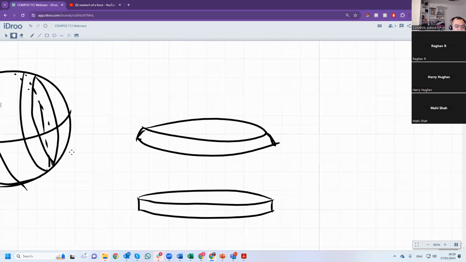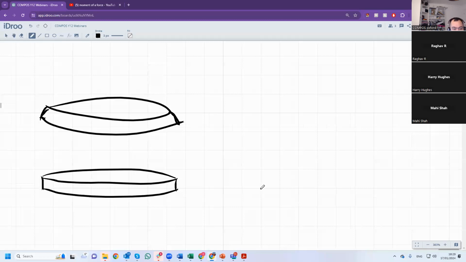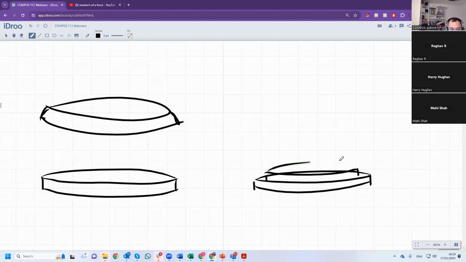And you can think of the sphere as being made of many cylinders of different radii. So that's the idea.